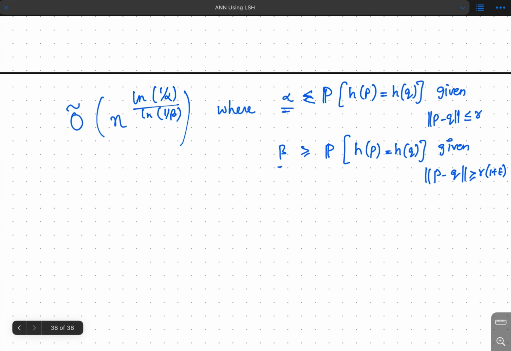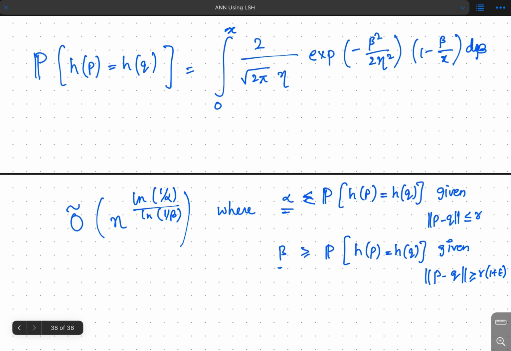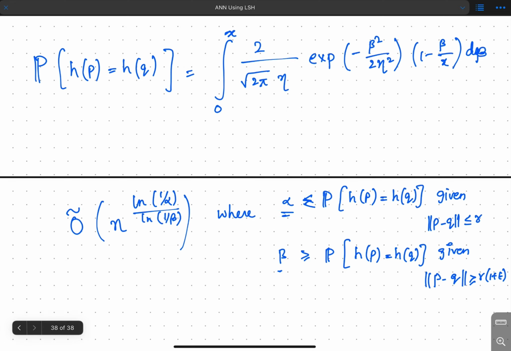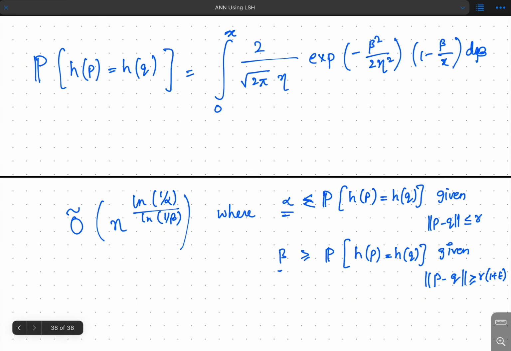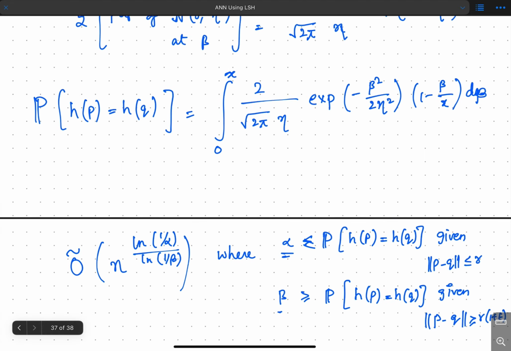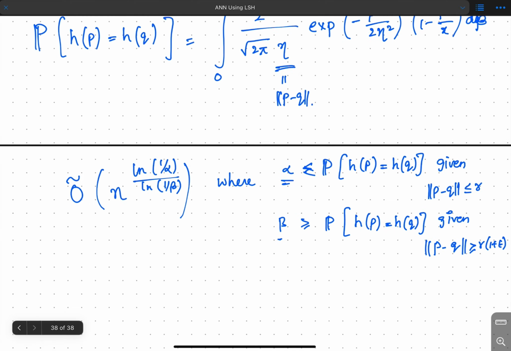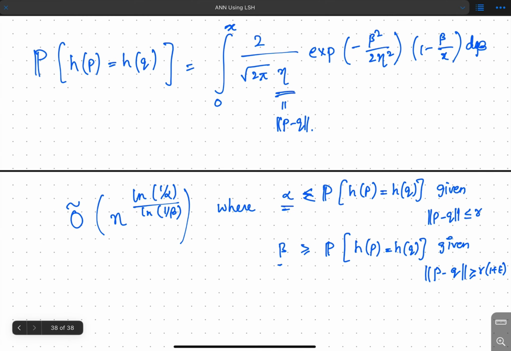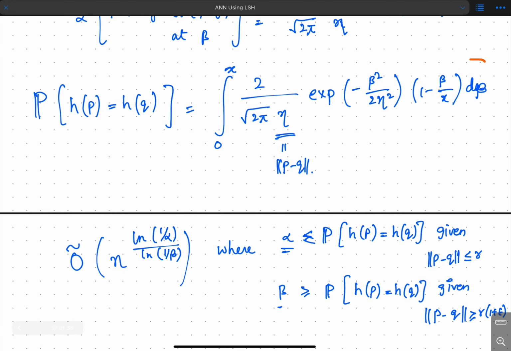So we have to choose x. Here we can see that eta was chosen to be the distance between P and Q. So we want to differentiate between eta and eta times 1 plus epsilon.